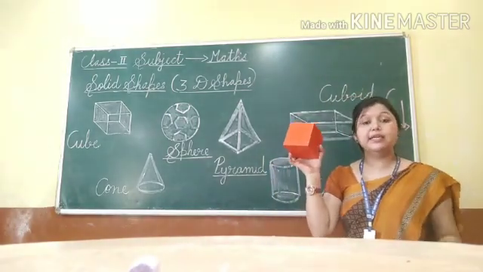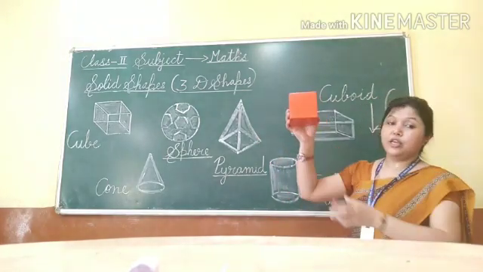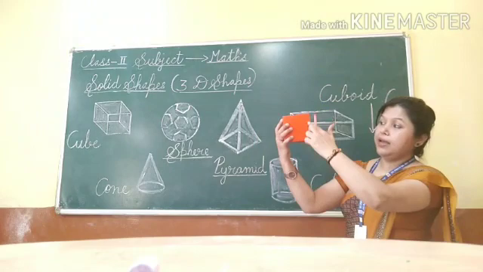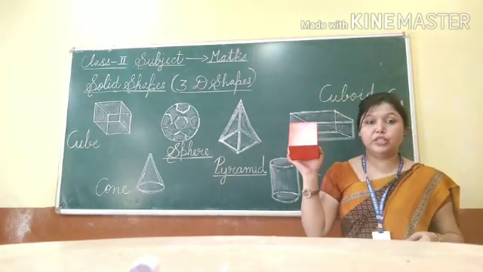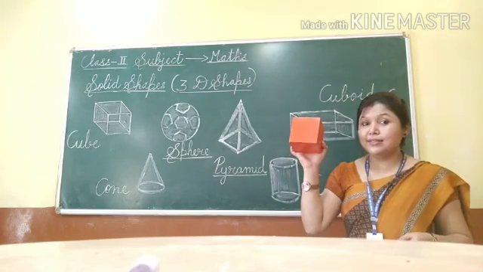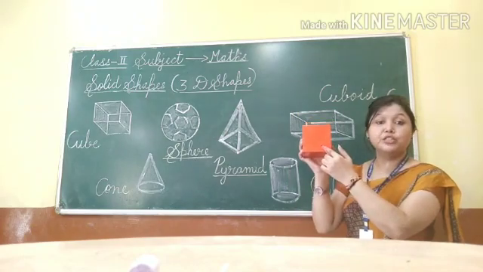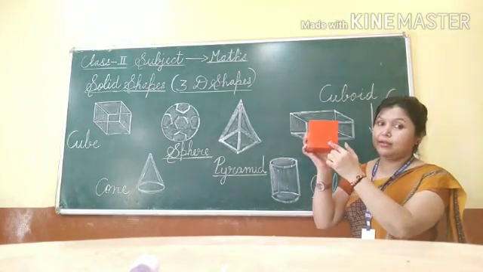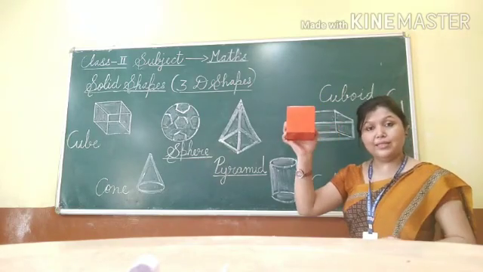So this is the first shape. You can see the length, the width and the depth. So this shape is known as cube and it is the 3-dimensional shape of a square.